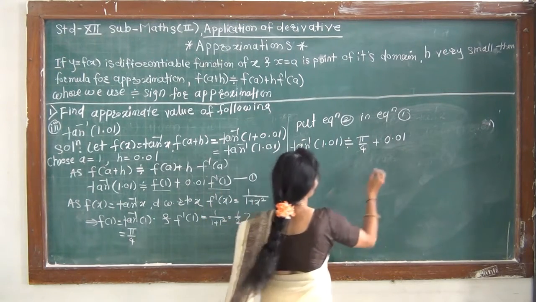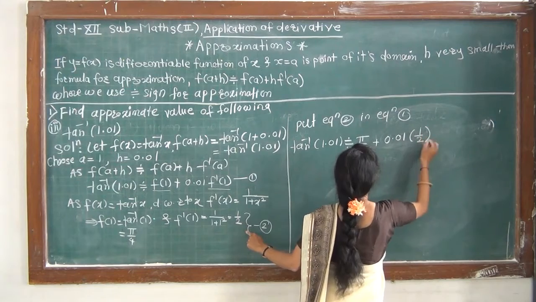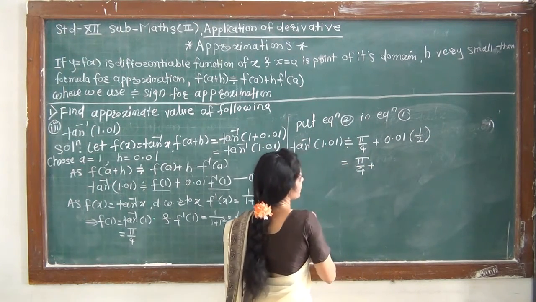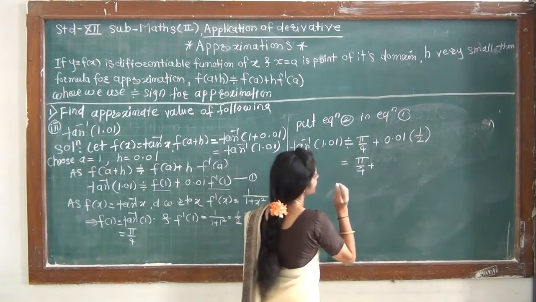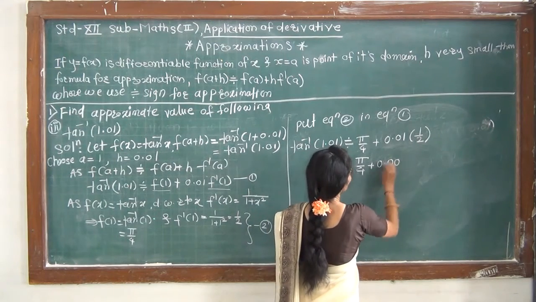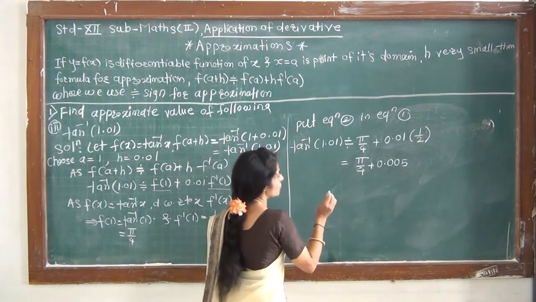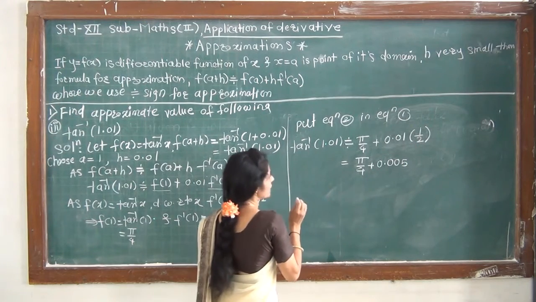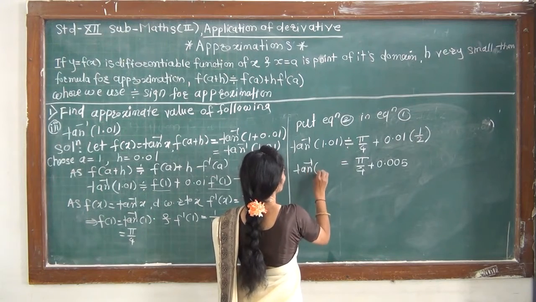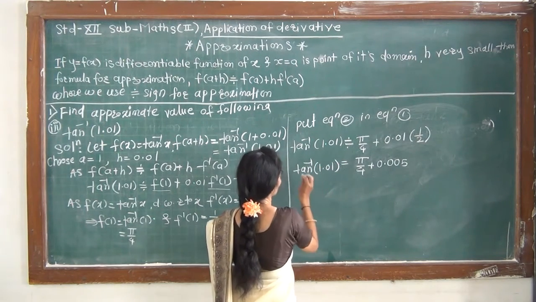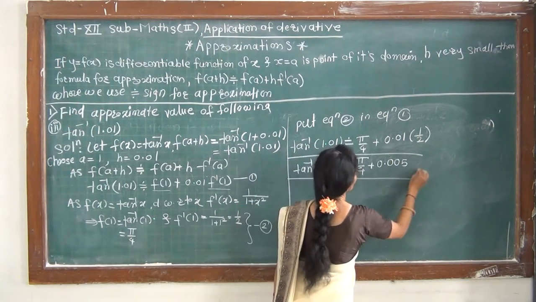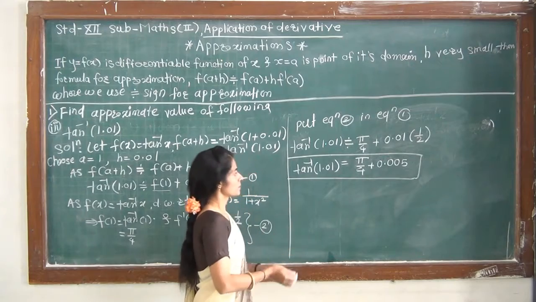But the value of f dash of 1 is nothing but 1 by 2. So we get pi by 4 plus, if we simplify this, 0.01 divided by 2, which is 0.005. This is the approximate value of tan inverse of 1.01, found by using the formula.